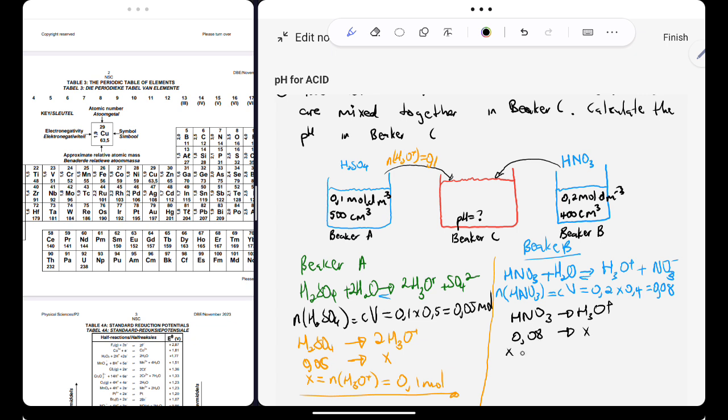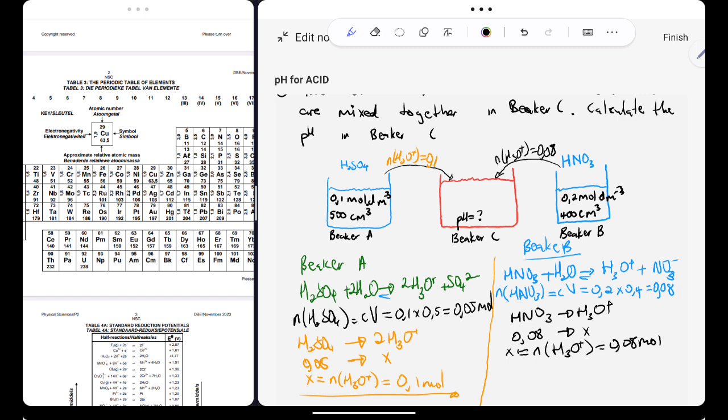So X, which represents the number of protons or hydronium ions, is equal to 0.08 moles. This simply means that beaker B has contributed the total number of H3O plus ions, which is 0.08.